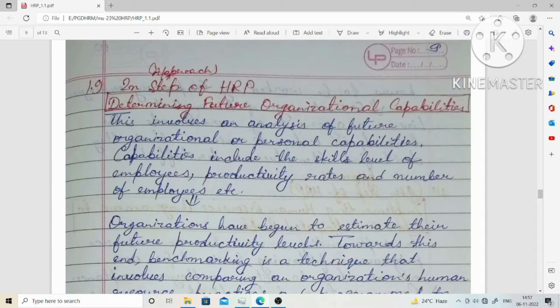Capabilities include the skills level of employees, productivity rates, and the number of employees. So by analyzing these things, we can determine the future organizational capabilities, meaning what the organization can do in the future.